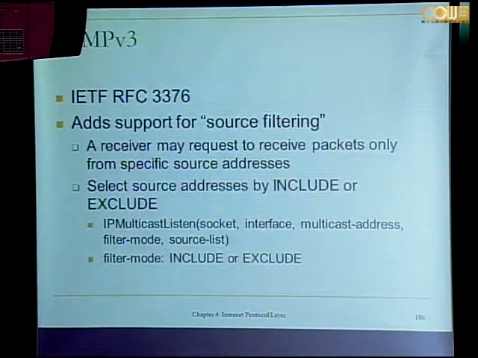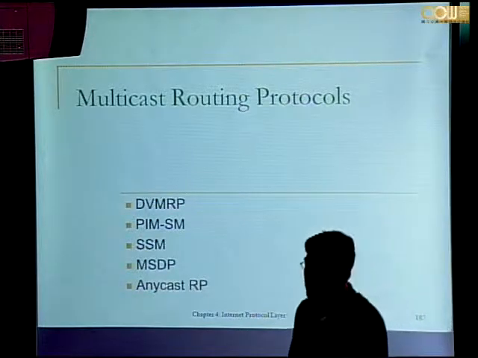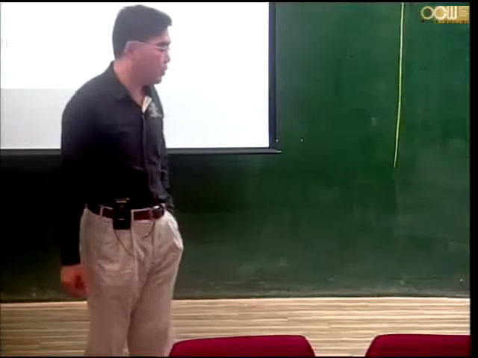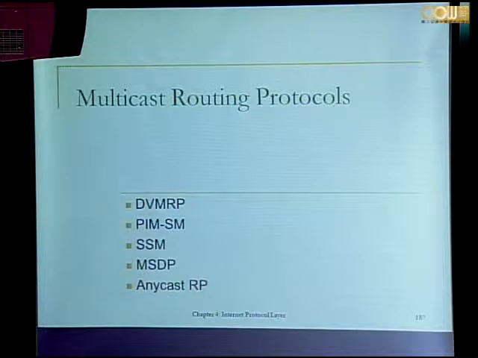I skip this. Then, we only enabled the edge router to keep track of the group membership information, but the non-edge routers still don't know. How do we work with that? So we see the multicast routing protocol.